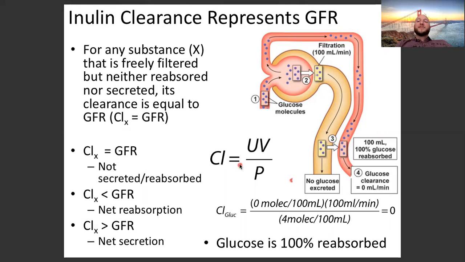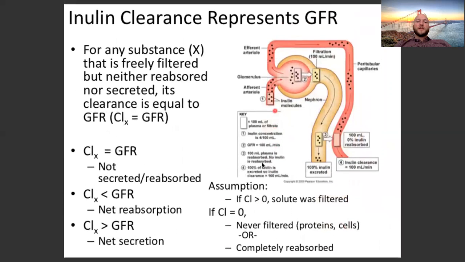If clearance is 0, there are two possibilities. One possibility is a situation like glucose, where the molecule gets filtered and then 100% reabsorbed. The other situation where we can have 0 clearance is if it never gets filtered to begin with.